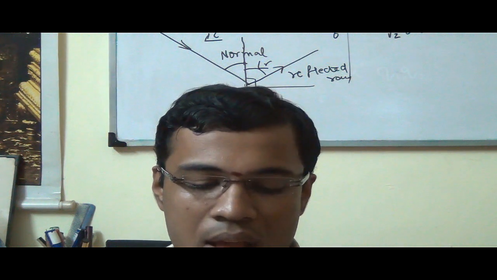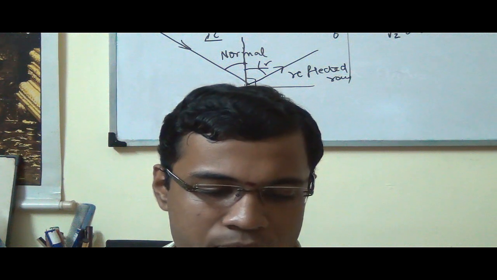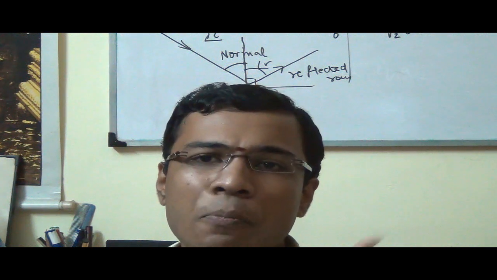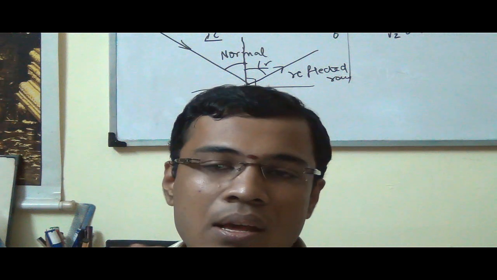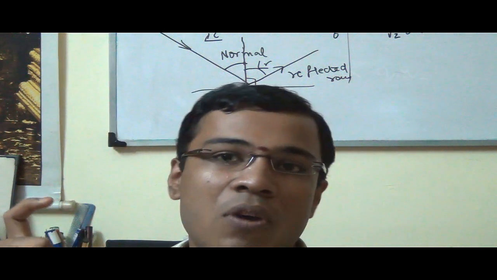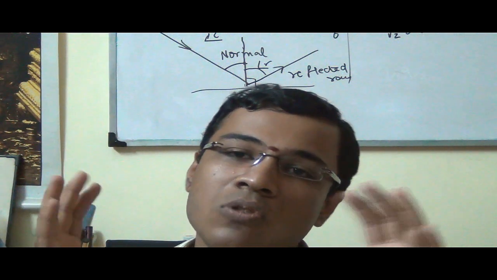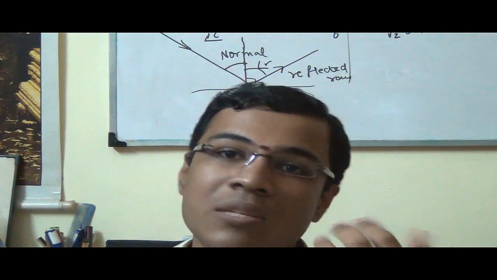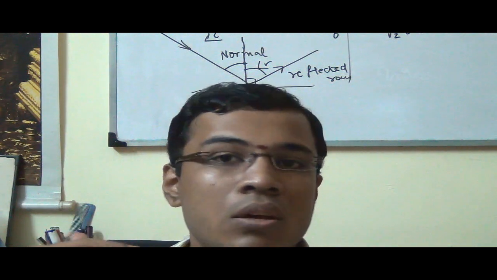Now, we need to solve a few problems, like how big is an image formed when reflected from this mirror, how small it is, and what is the nature of the image. These problems we need to solve to learn the entire concept thoroughly. Understood?